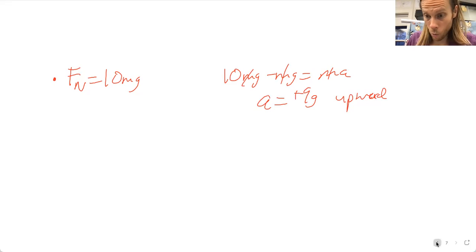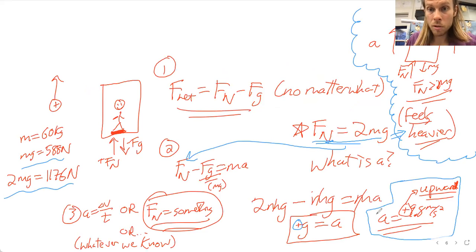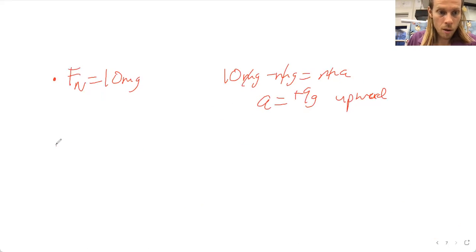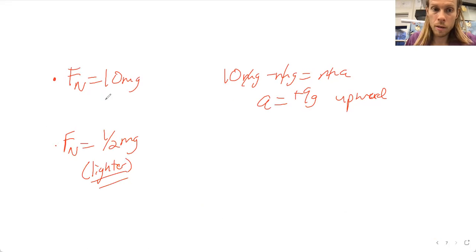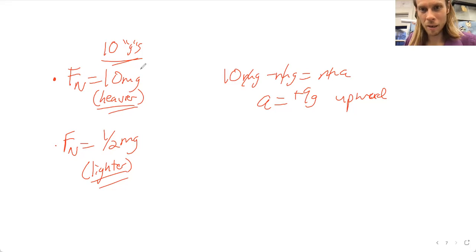I would go back and know why you do that and follow all the steps and know how to do that on your own. Say normal force is half mg. Ooh, now it feels lighter. Right? This is heavier. Notice that the more the acceleration, this is called 10 Gs. They feel 10 Gs, and you're feeling 10 times the force of gravity if this is your acceleration upward.